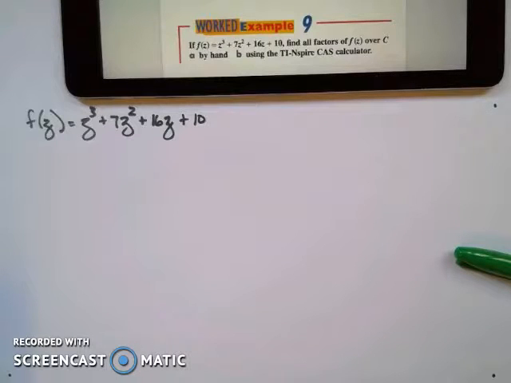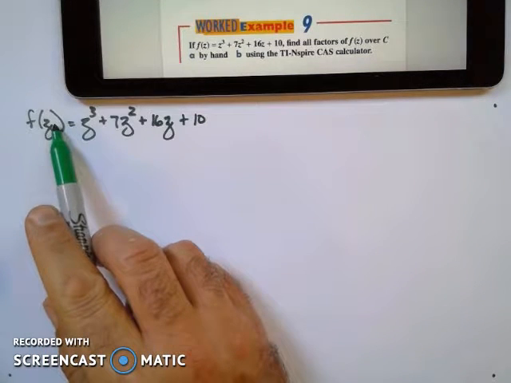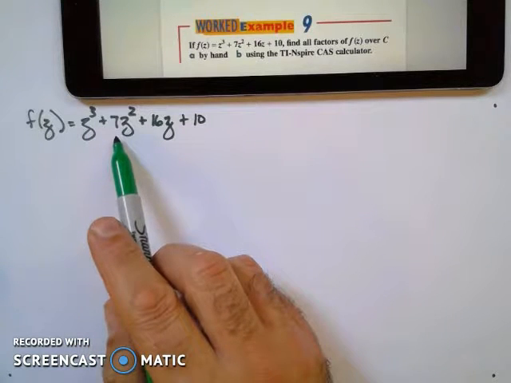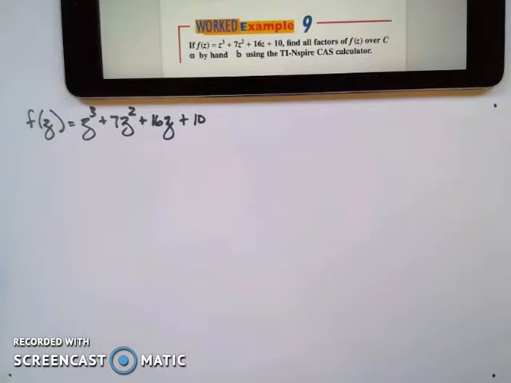In this last example of factorization of polynomials in C, we're going to make use of the factor theorem. What we want to do is find a value of z so that if I substitute it in, my function equals 0, because that means it's a factor of my expression.